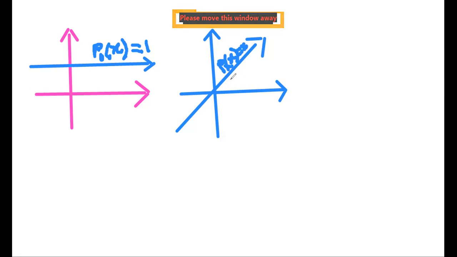Whatever x is going to be, the output is also going to be the same thing. So it will be a line dividing the first and third quadrants.